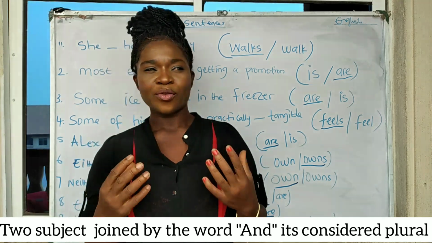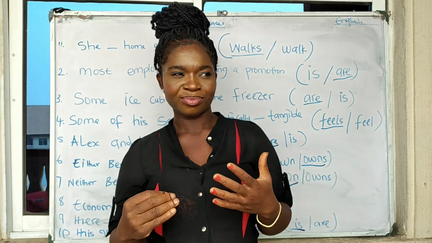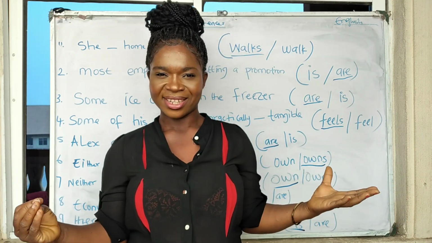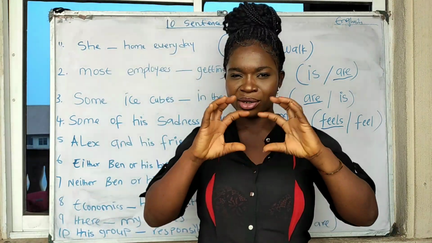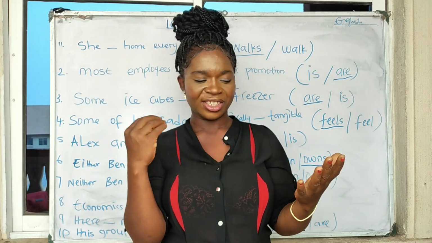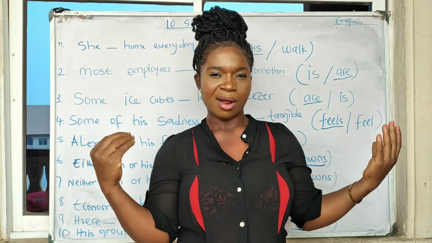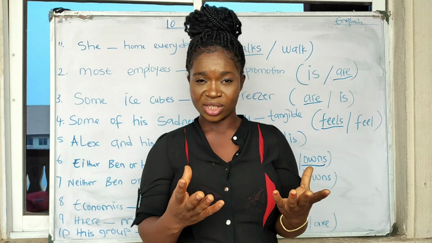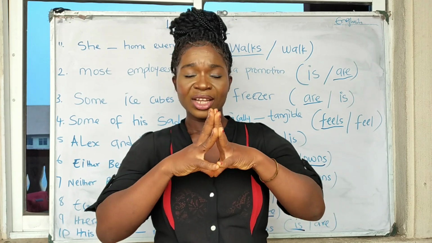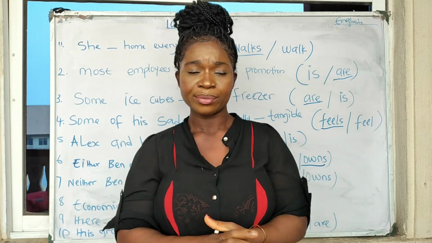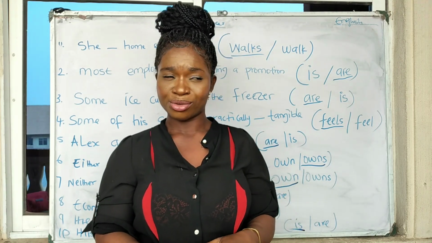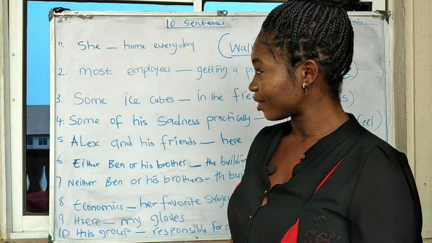If we have, for instance, Jack, James, and John, we're now talking about 3 people here. James, Peter, and Paul. The and is connecting the 3 of them together. We term them as plural, and it's going to go with a plural verb. That's rule number 2.